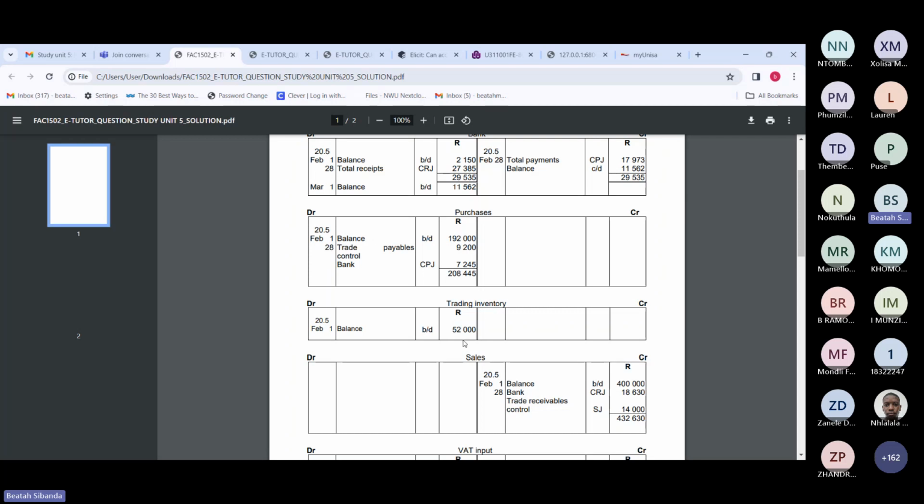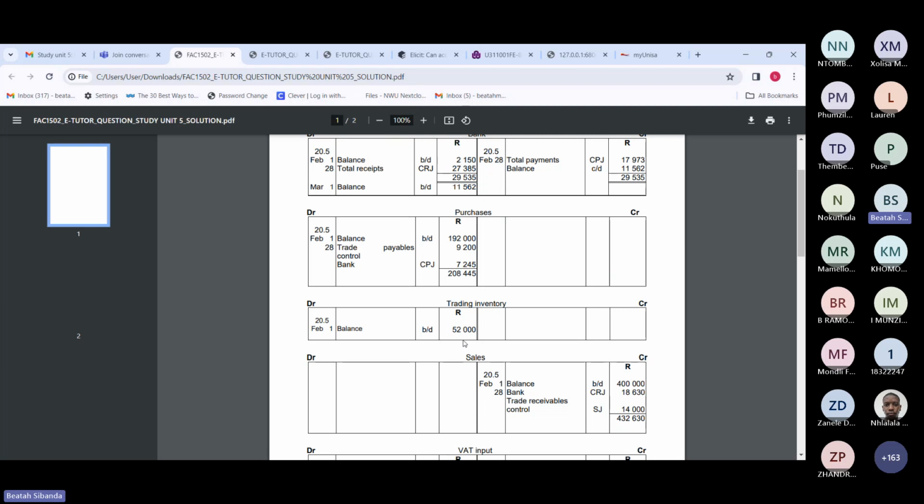Okay, so in a business, it depends on the nature of the business, or what the business is dealing with. We have some businesses that purchase merchandise for resale. We have some businesses that make their own merchandise.